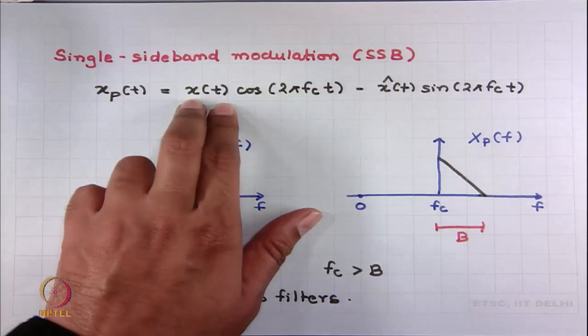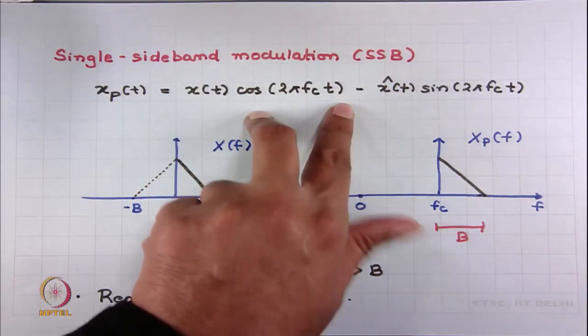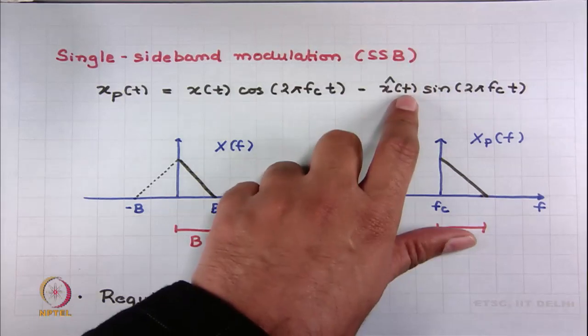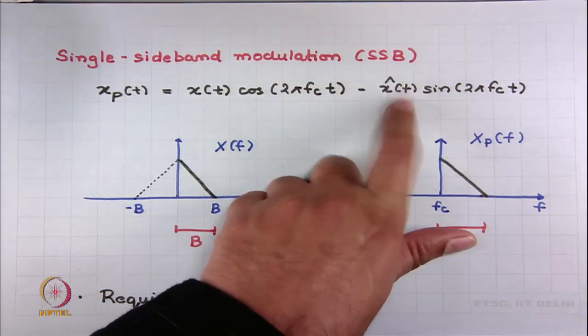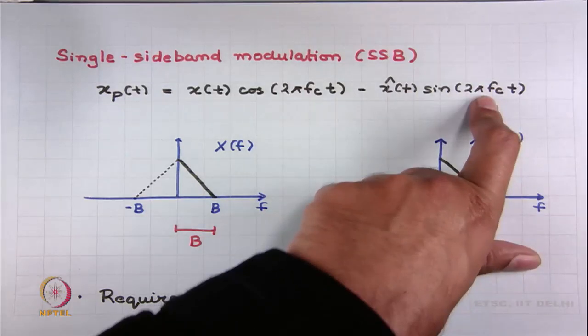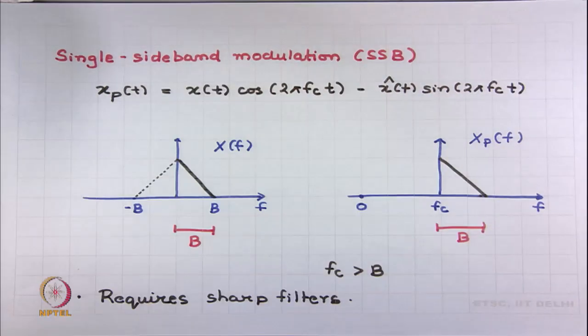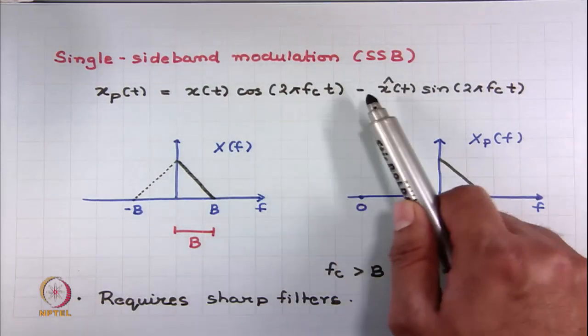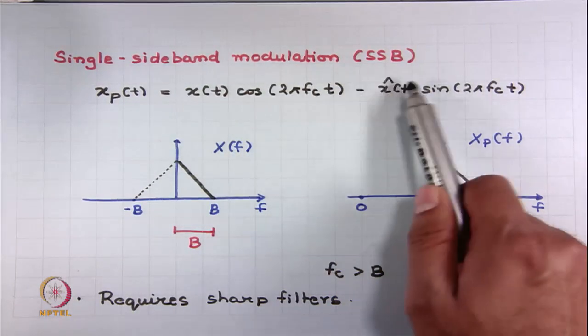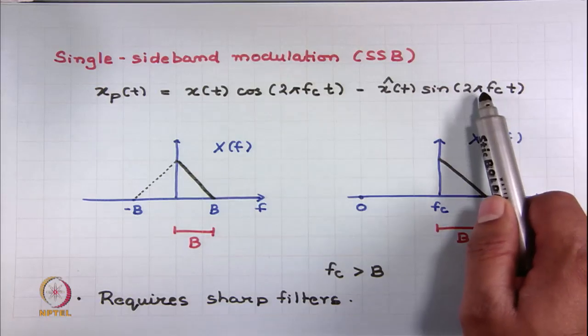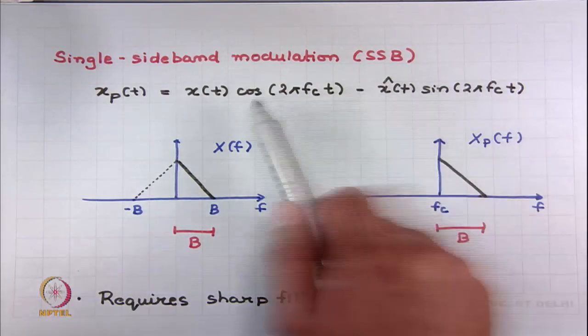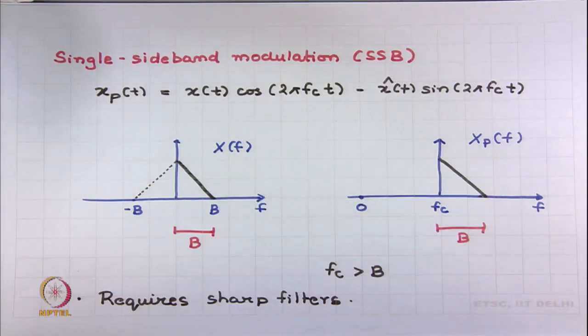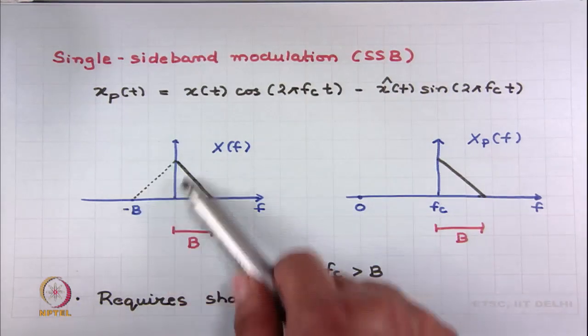You take the signal and multiply it with cos(2πfct), you take the Hilbert transform of the signal and multiply it with sin(2πfct), and you subtract these two components to produce a passband signal. This is what happens in single sideband modulation. What it does is it clips off one side of the spectrum.